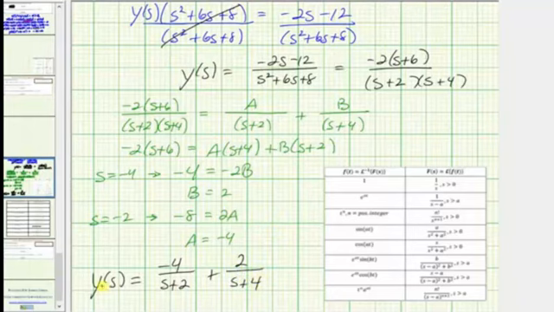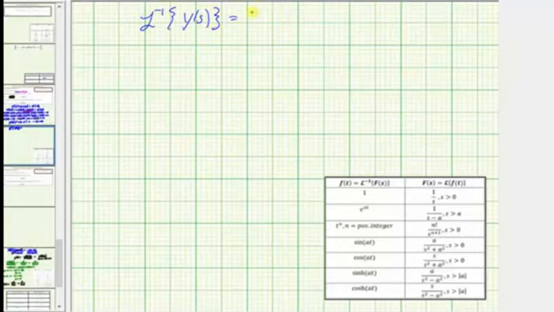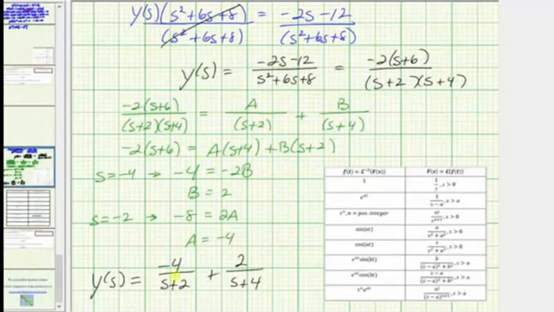And now we'll take this form of big Y of s and take the inverse Laplace transform of both sides of the equation. So we'd have the inverse Laplace transform of big Y of s equals the inverse Laplace transform of, instead of having this negative term first, let's write this as 2 over the quantity s plus 4 minus 4 over the quantity s plus 2.